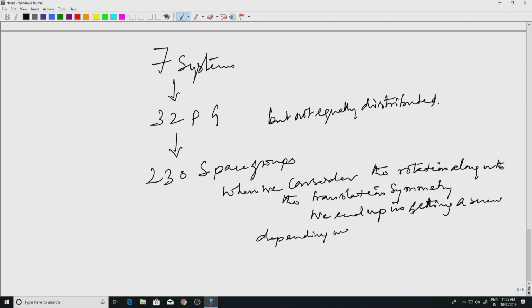Depending upon twofold plus half translation gives 2/1 screw.